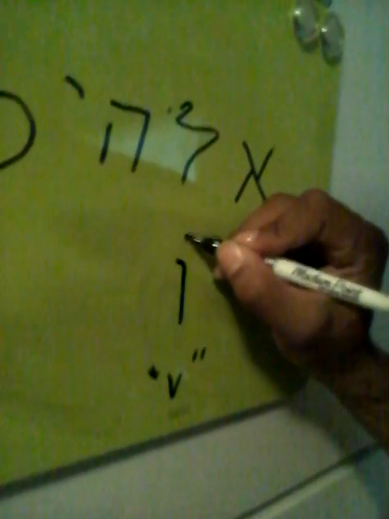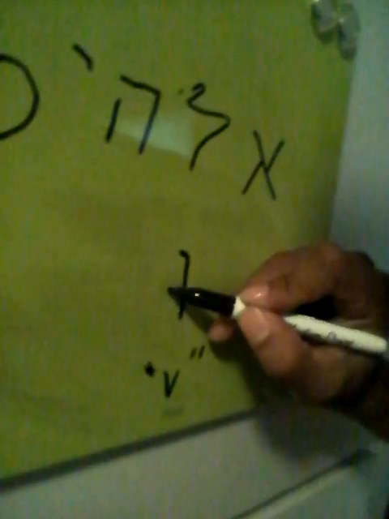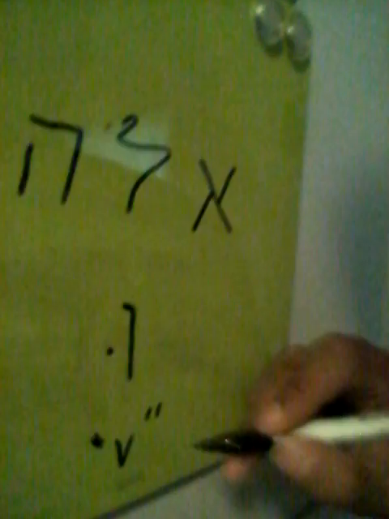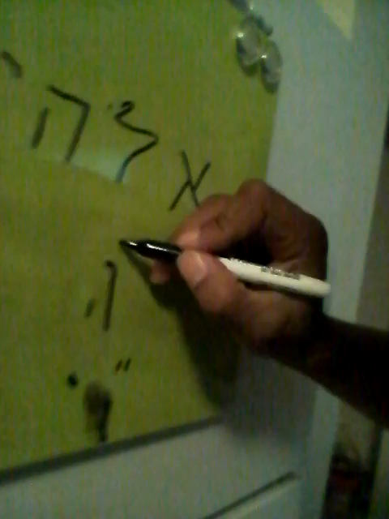In modern Hebrew, a Vav by itself is a V. A dot up top makes it an O. And a dot on the side makes it a U. So a dot on the top makes it an O, but without any of that, it's just a V.